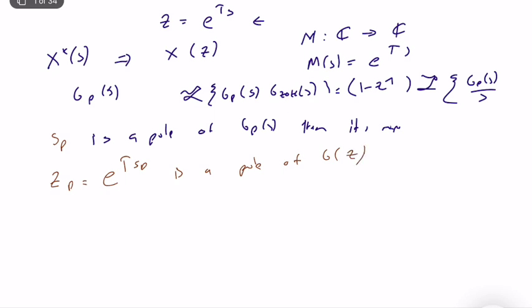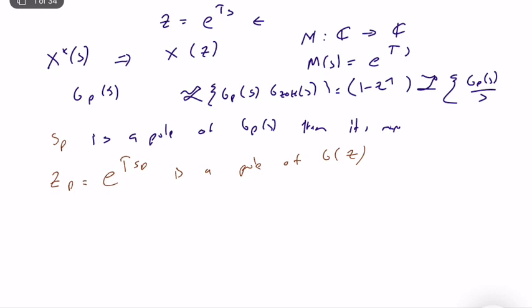So the pole of the continuous time transfer function and its mapping is a pole of the discrete transfer function. We know that poles are of critical importance in control systems. Of course, zeros are important, but in general, poles dominate the behavior in terms of stability and transient performance.